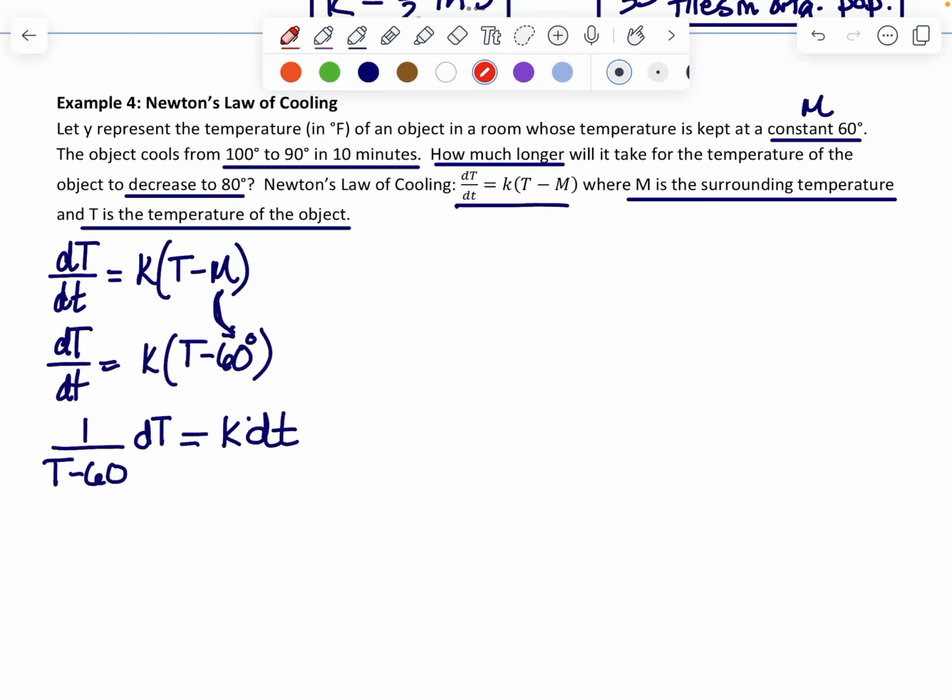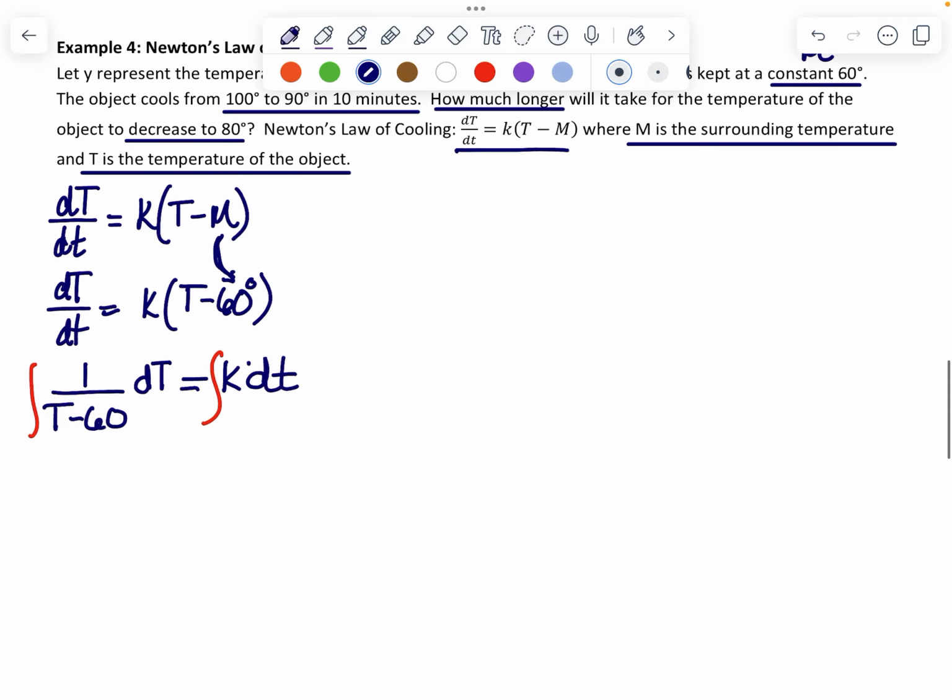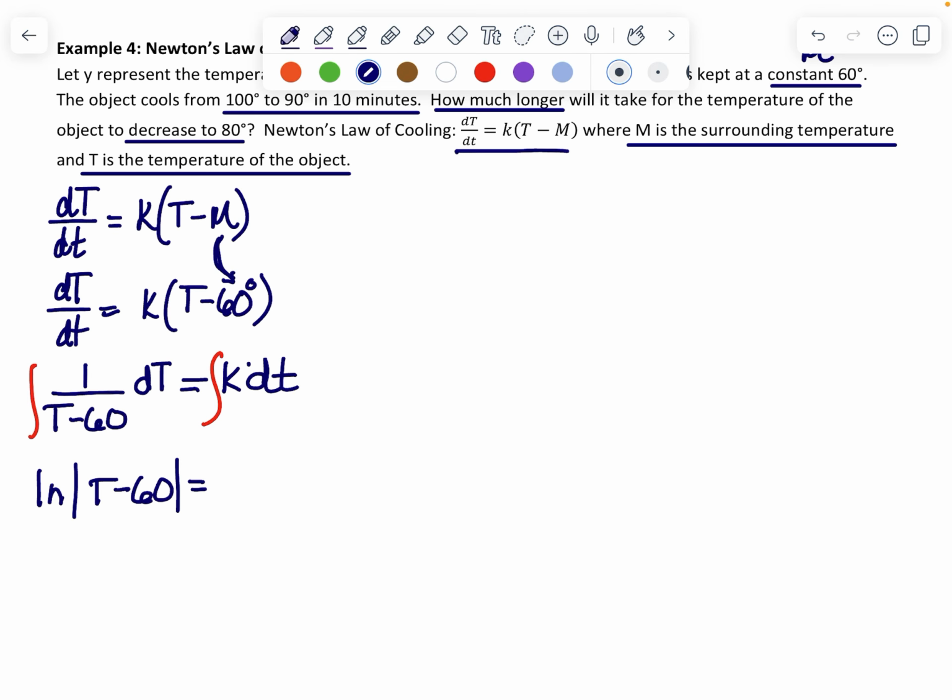Then I'm going to integrate both sides. You can see that the T is in the front, so you have no chain rule, but use substitution here. So we get the ln of the absolute value of T minus 60 is equal to kt, integrating k, plus C.